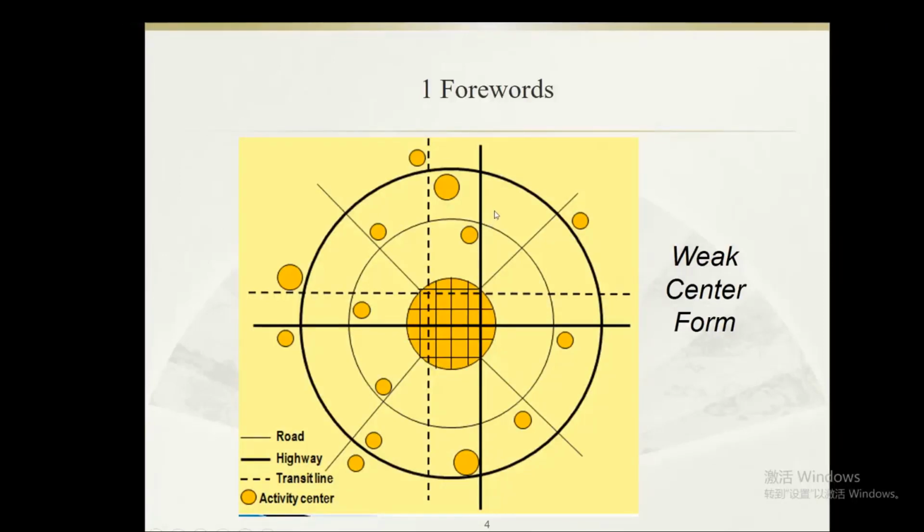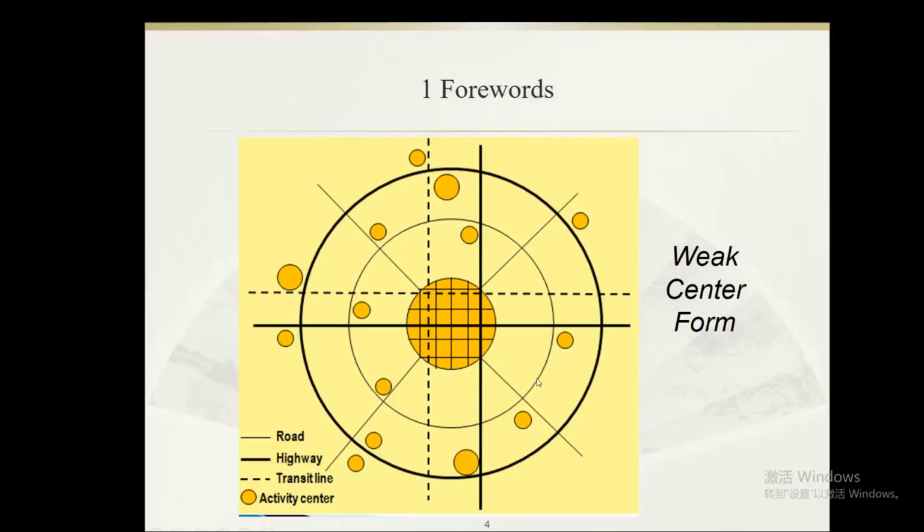Driving your private car is still very convenient to every activity center, including the central area. We call it weak center form. Why? Because besides the land use in the central part of this city, there is still scattered land use around the city center. Let's check the next one.